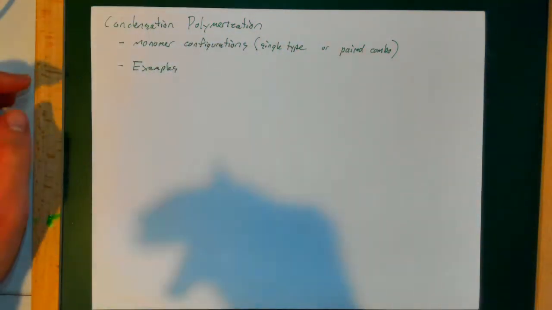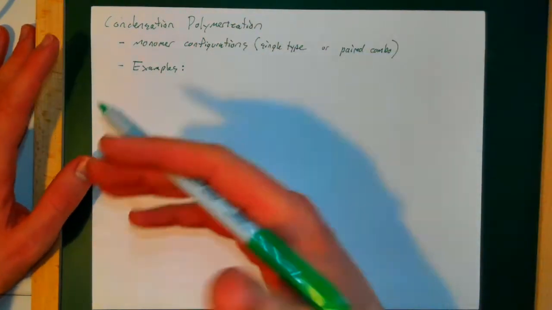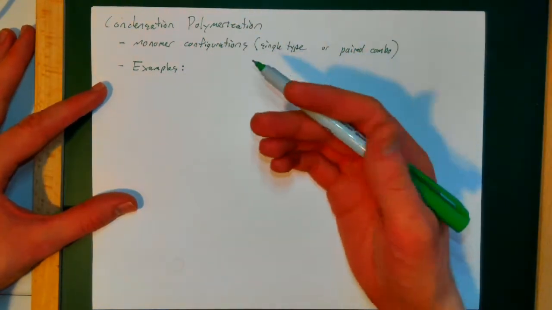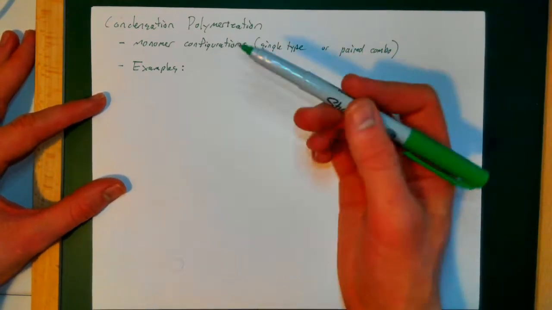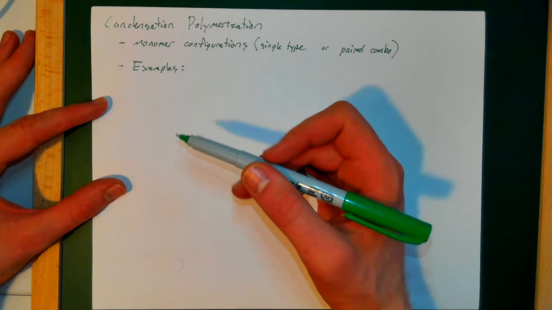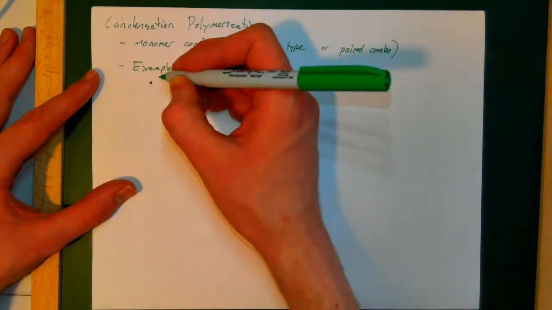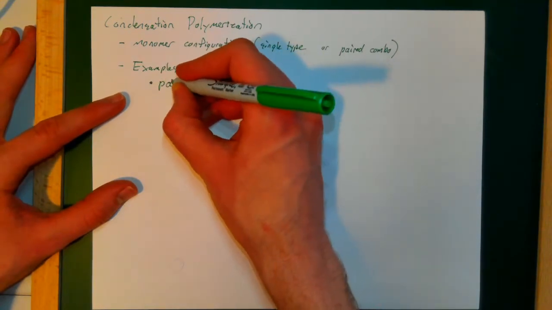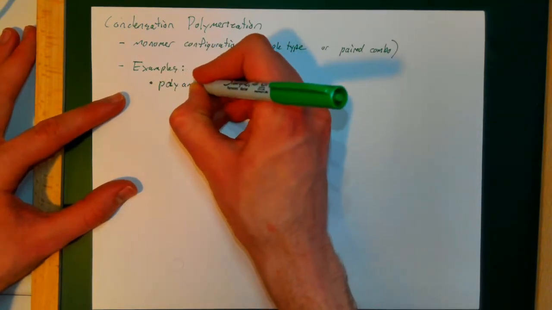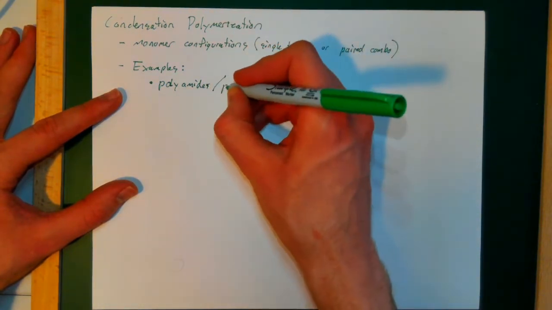But I just wanted to make you aware of, when you're walking around in your everyday life and you encounter something, it's nice to at least have in the back of your head a picture of what's going on at the molecular level. So some examples include polyamides, which have another name, polypeptides.